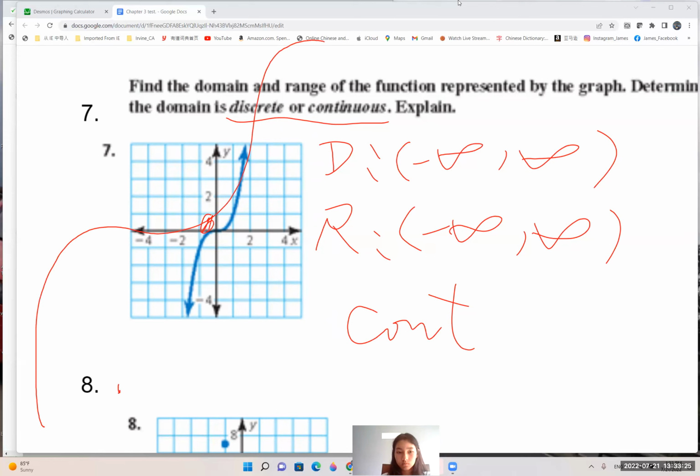Discrete means, for example, here is -5. Suddenly it goes to -3. Suddenly it goes to something else, right? Then it means discrete. It's like, for example, you go to buy movie tickets. Of course, you can buy 1, 2, 3, 4, 10, 100, but you cannot buy 7.5.